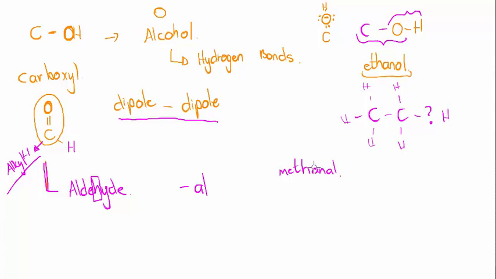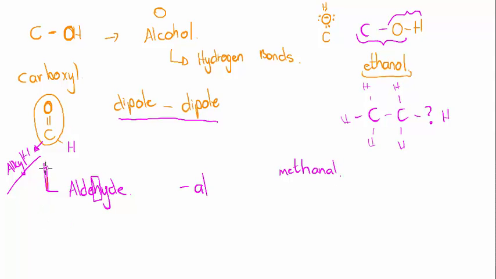Ethanal. And then we can prove it. I'm not going to go there, but we can look at the boiling points. If ethanal has the strongest forces, which one will have a higher boiling point? Ethanal, because it takes more energy to overcome the intermolecular forces, not the bonds.